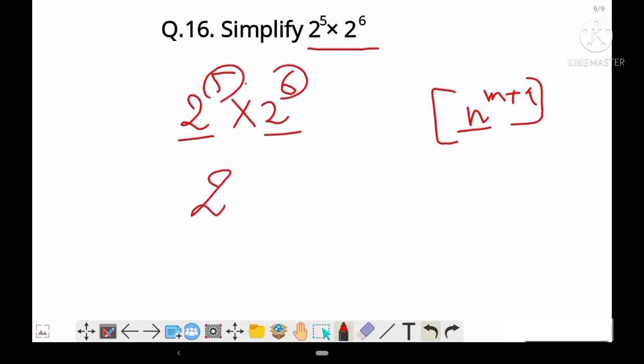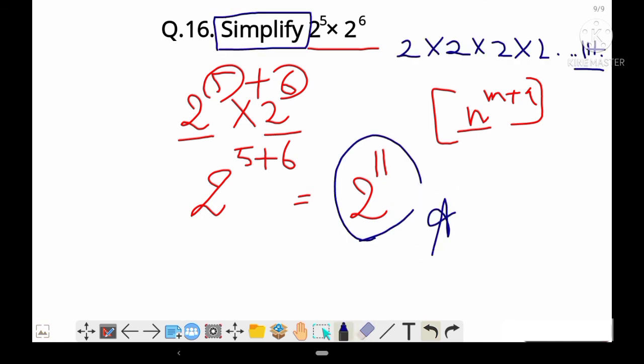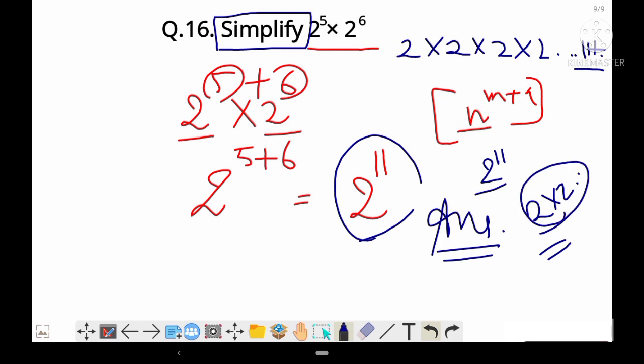So we can add the powers, right? 11, 2 raised to the power 11. So this is your answer, right? This is your answer, 2^11. And if you want, you can even do this and write the answer here.